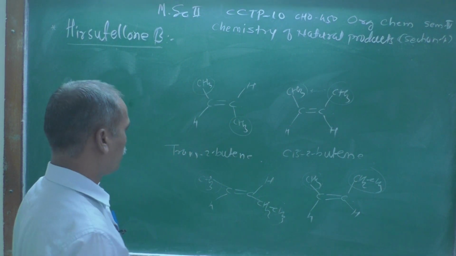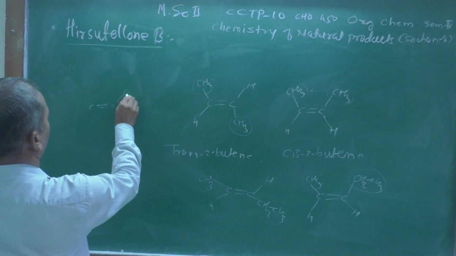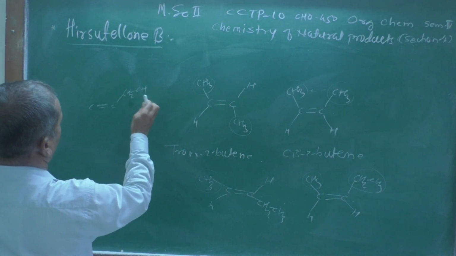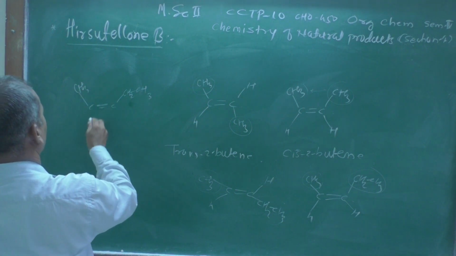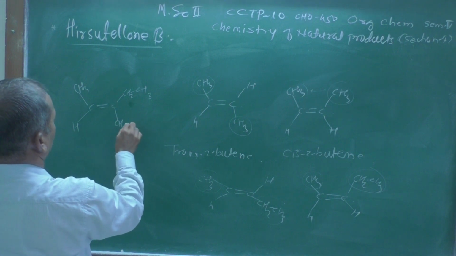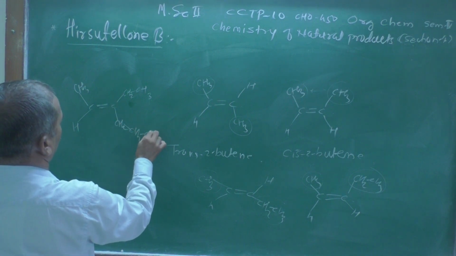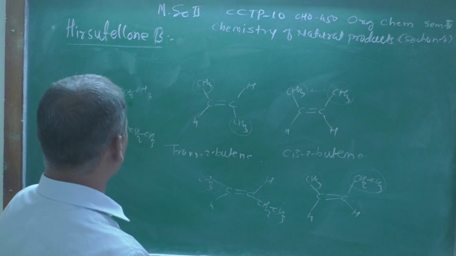But if the molecule is like this, carbon-carbon double bond, here CH2, CH3, here is a CH3, here H, here may be a CH2, CH2 and CH3. What do you say? Whether it is a cis or trans?